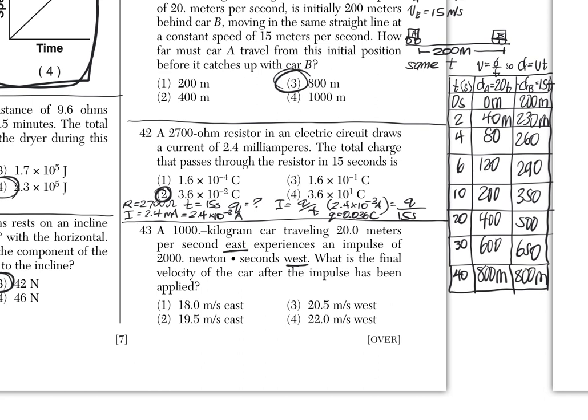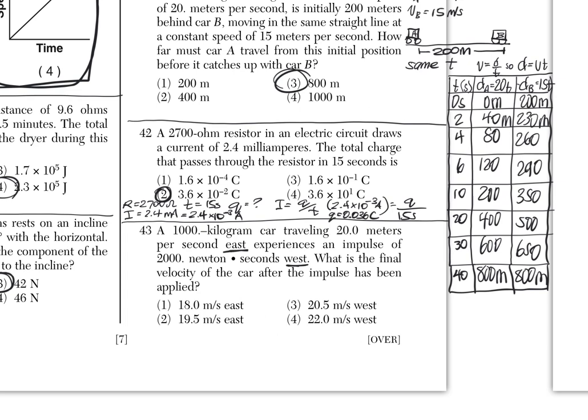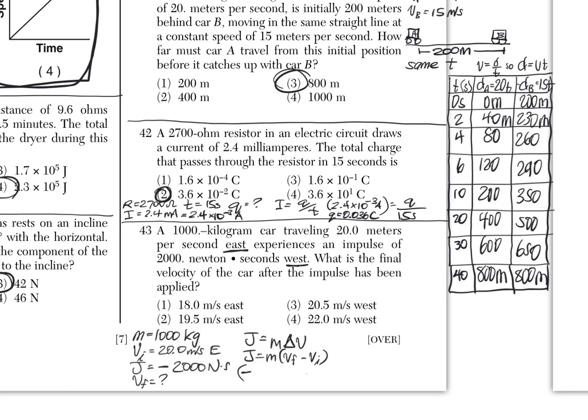And so the equation that I'm interested in is that impulse is equal to m delta v. Remember that portion, that's not on the reference tables. That portion of the equation, I think it's written out as J equals F net T equals change in momentum. And then there's the equals m delta v piece that's not on the reference table. Remembering that delta means final minus initial, I put in the impulse, that's negative 2,000 newton seconds.